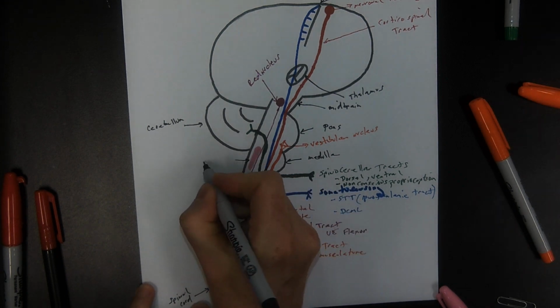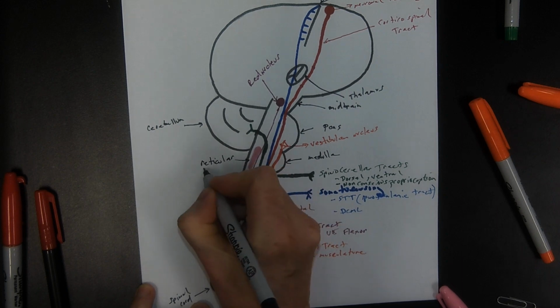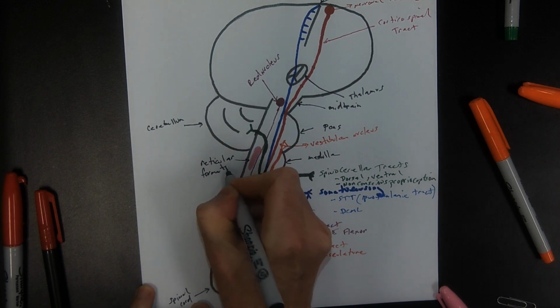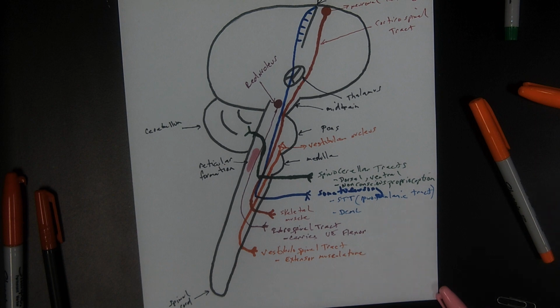These are known as your reticular formation. Your reticular formation is nothing more than a diffuse body of nuclei. Nuclei are just a collection of cell bodies in the CNS, right? Neural cell bodies.